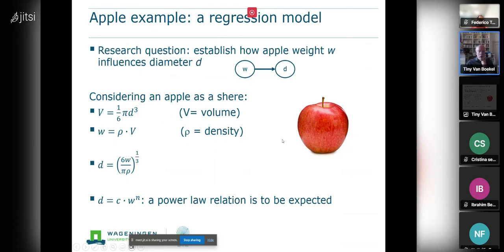Well, if you look at an apple, you can approximate an apple as a sort of a sphere. So you can calculate a volume and a density and a diameter from that. And if you do some algebraic calculations, you find out that there is a relation between the diameter and the weight according to a power law.